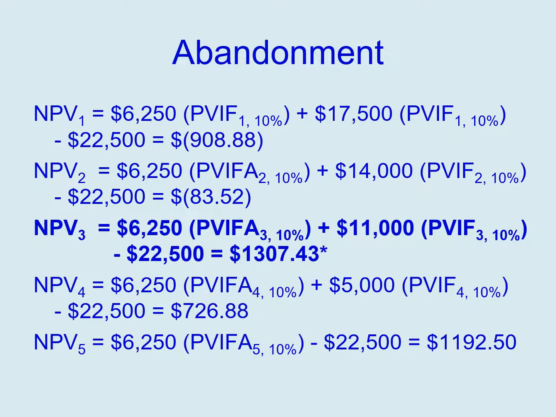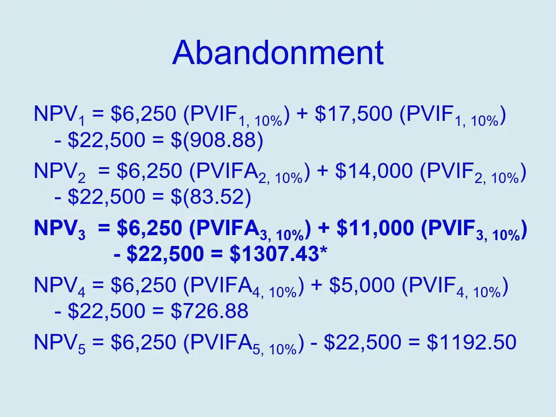If we assume we run the project only 2 years, we get $6,250, and notice I'm discounting by an annuity for 2 years, discounting at 10%. The salvage value at the end of the second year was $14,000, and so we still have a negative NPV of $83.52.